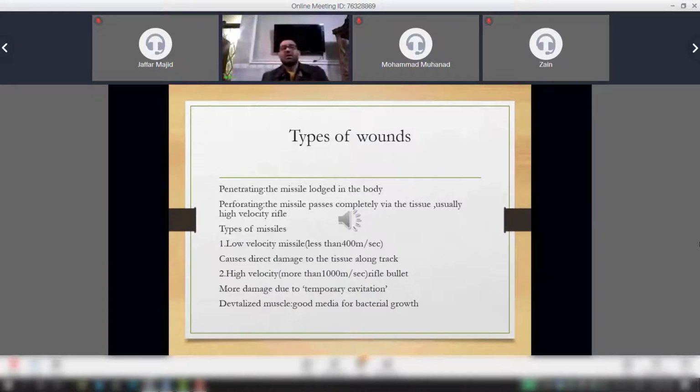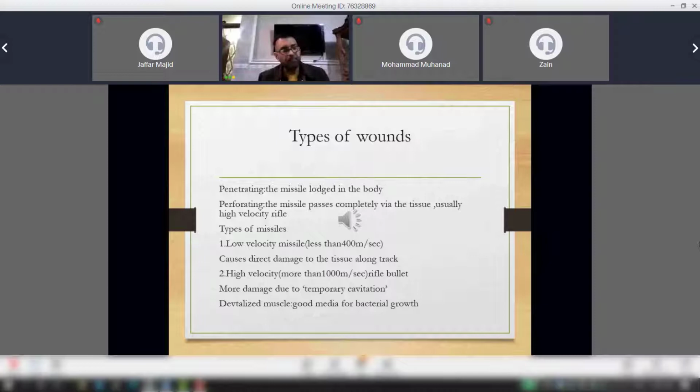Types of wound, we said it's either perforating or penetrating injury. Penetrating, that means the missile lodged inside the body, and perforating that means it is going inside the body and going out. So we have to classify the missile, which is a very important classification and very important typing of the injuries, into low velocity and high velocity.